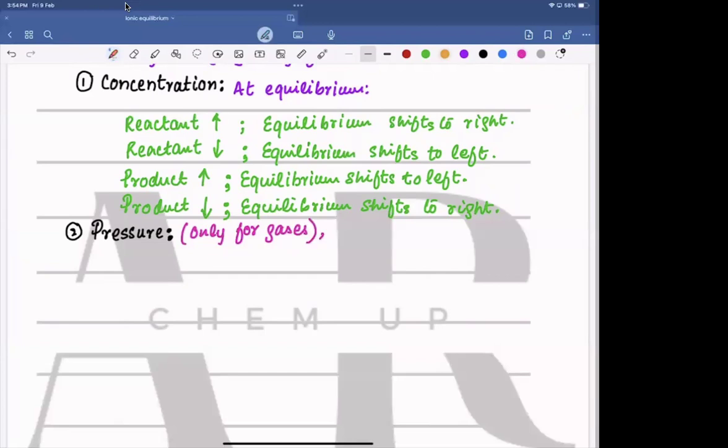And there is a rule for pressure that you have to keep in mind: increase in pressure shifts the equilibrium.